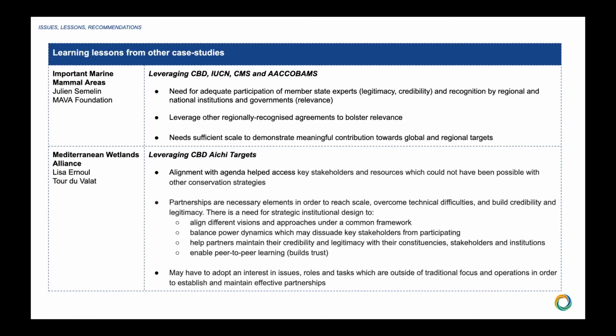You also could leverage regionally recognized agreements if you would like to bolster the relevance of pursuing a global agreement. You do need sufficient scale to demonstrate your meaningful impacts toward global and regional targets. You have to be able to do something that could put a recognizable dent on these targets.